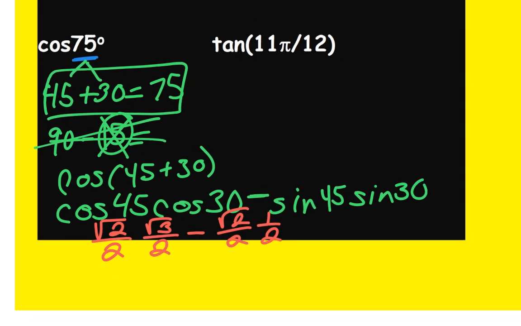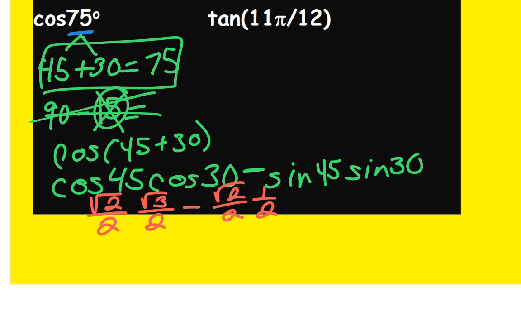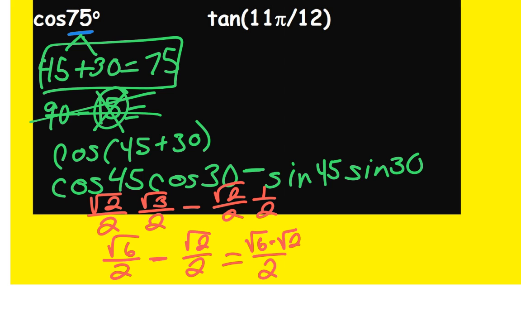So let's move this up a little bit and just finish this out. The rest of it is just simplifying. I'm going to multiply this. This is square root of 6 over 2. No, it won't simplify down. Minus, this is just square root of 2 over 2. And then I'll combine it into one fraction: square root of 6 minus the square root of 2 over 2. And I'm done.